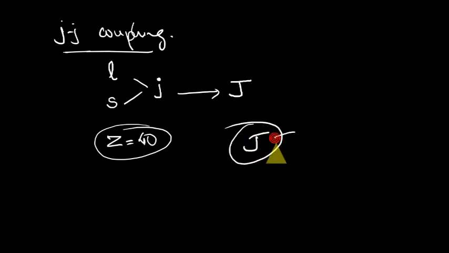So we say that J is a meaningful quantum number, or in quantum chemist or quantum physicist language, we can say this is a good quantum number. J is a good quantum number in the sense that it represents a quantity which is conserved.